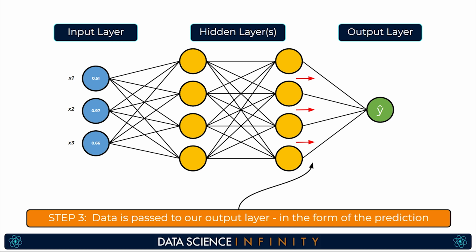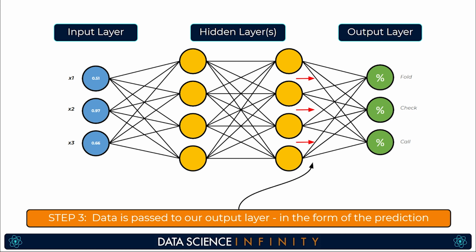Now, as a quick aside, if we were dealing with a classification problem instead, so for example, we wanted to predict whether, based on some information at hand, a poker player was going to fold, check, or call, then we might have multiple neurons in the output layer, one for each possible class or outcome.